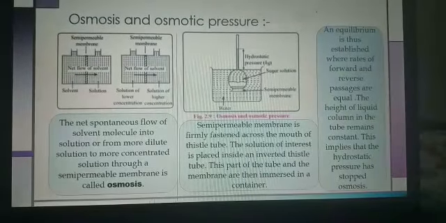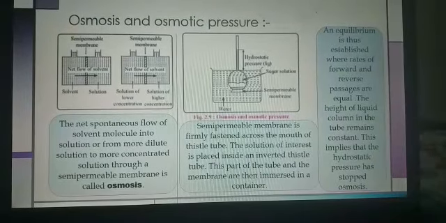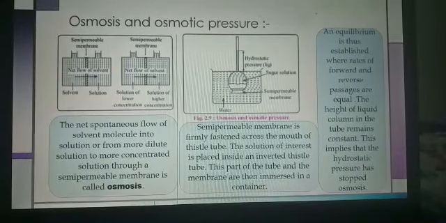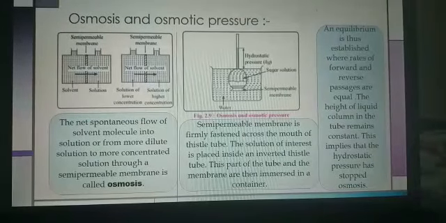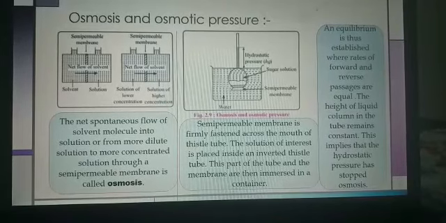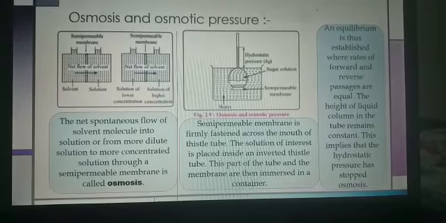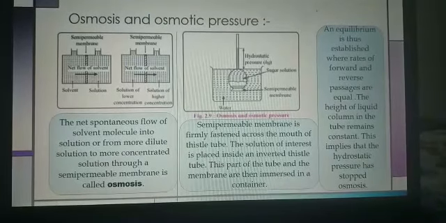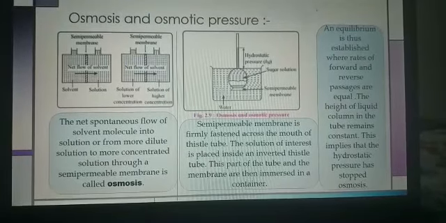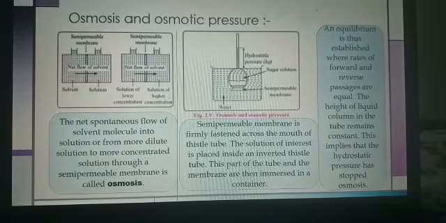Now for osmosis and osmotic pressure, let's see one diagram. For that we require the semi-permeable membrane. Dear students, first we should know what a semi-permeable membrane is. The osmotic pressure phenomenon involves the use of a semi-permeable membrane. Actually, it is a thin film, such as cellophane, which has pores large enough to allow the solvent molecules to pass through them.